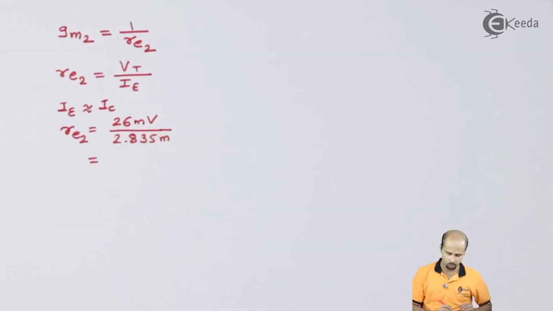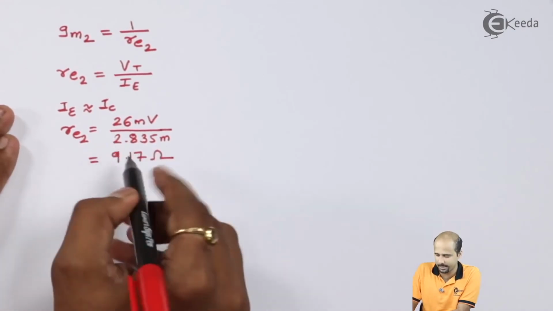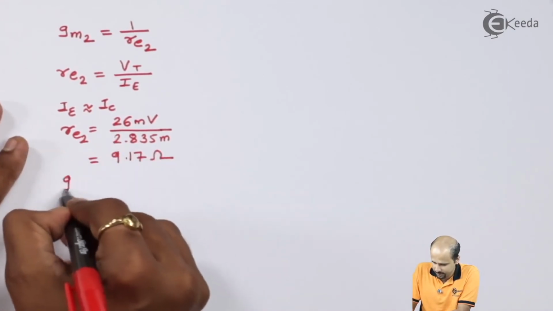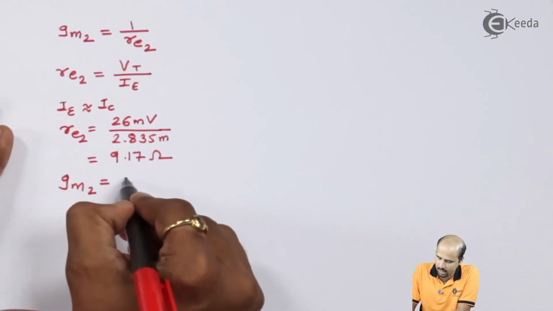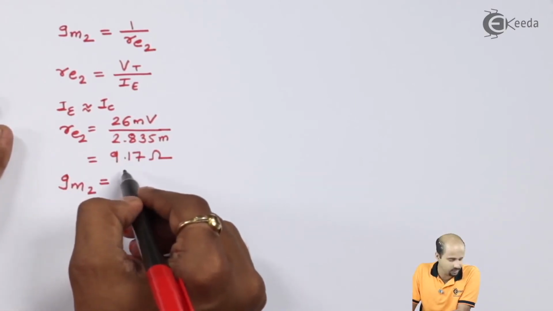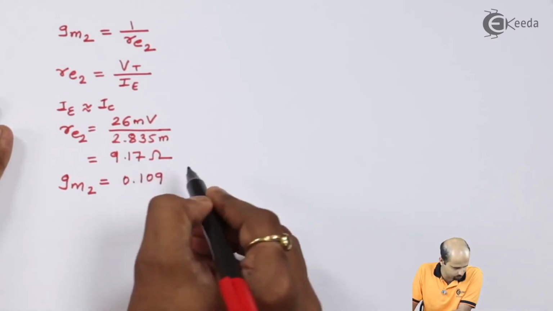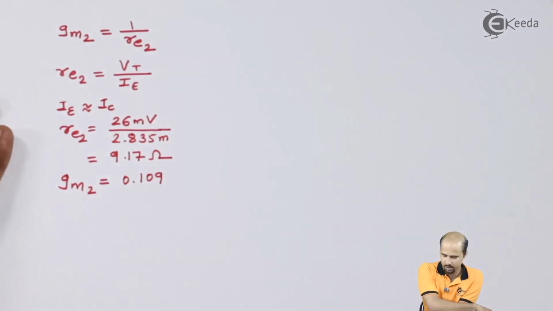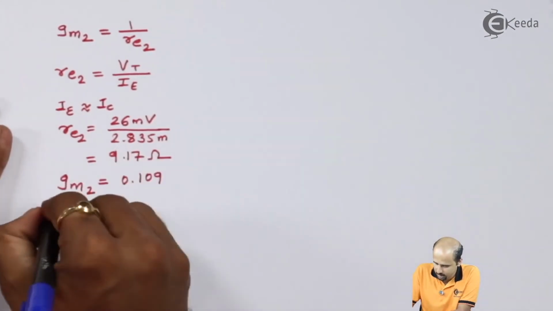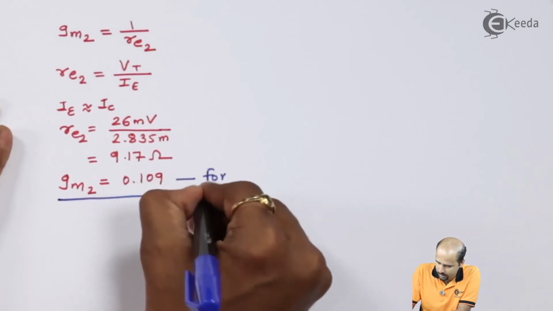So this RE2 is 9.17 ohm, that is the value of RE2, and we'll get the value of GM2 as the inverse of RE2, that is nothing but 0.109, right? And that is nothing but the required parameter for the AC analysis. So this is important for AC analysis.